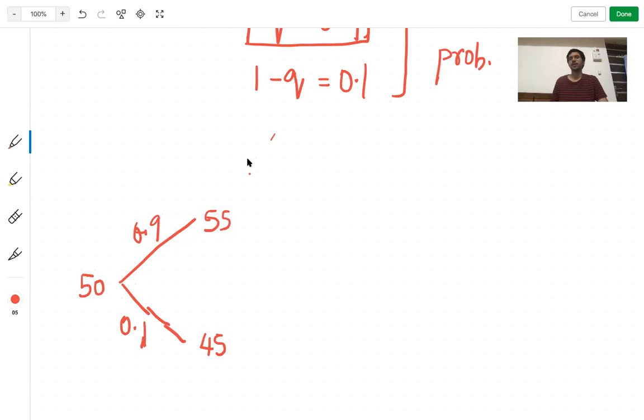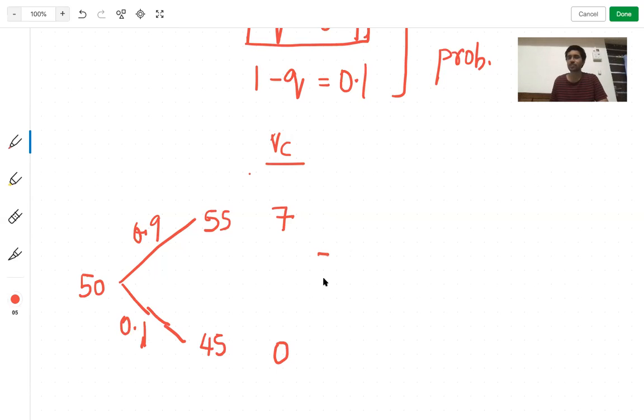Now I'm bringing an option into the picture. The option payoff can be either 7 or 0. The probability that it will be 7 is 0.9 and the probability that it will be 0 is 0.1.